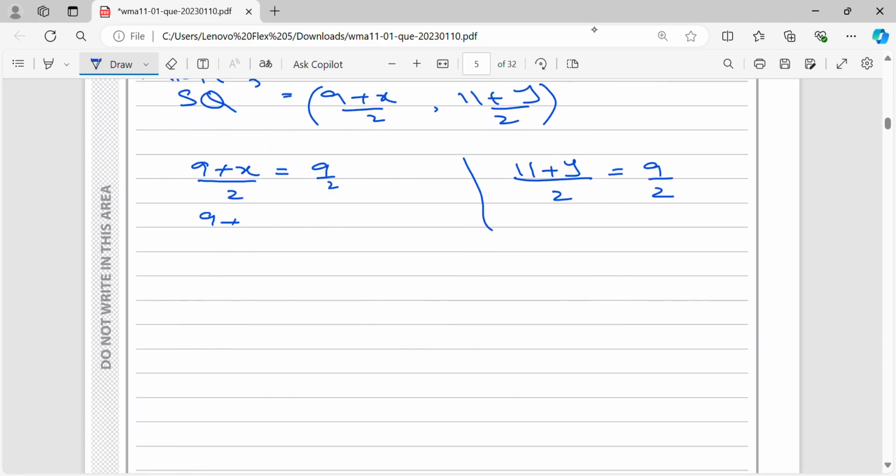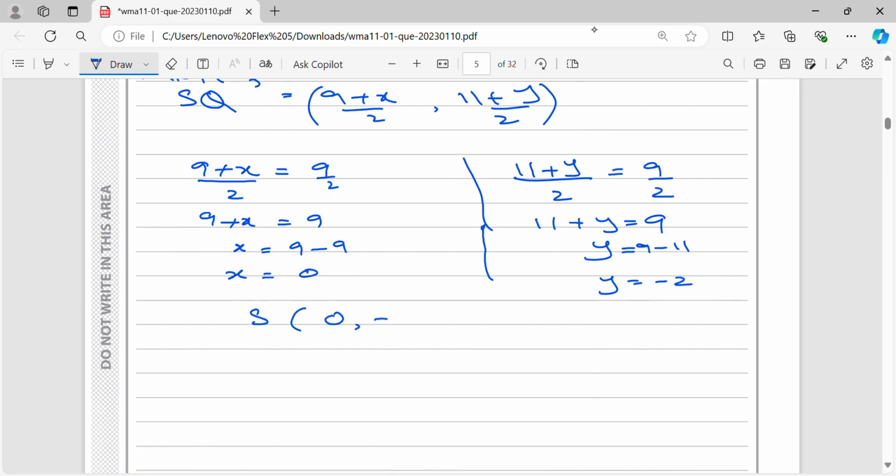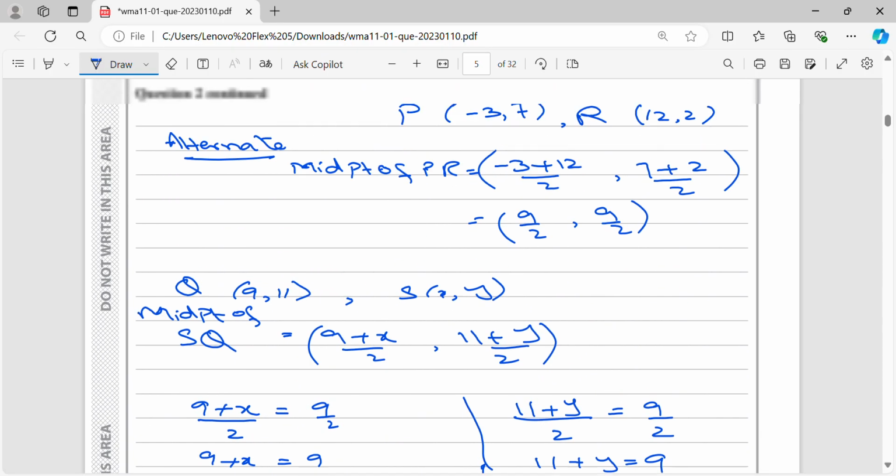So 9 plus x equals 9 and x equals 9 minus 9. Just solve, do the cross multiplication. Similarly, for y, 11 plus y equals 9 and y equals 9 minus 11, and y equals negative 2. So coordinate of S is 0 and negative 2. This is another way to find the coordinate of S.